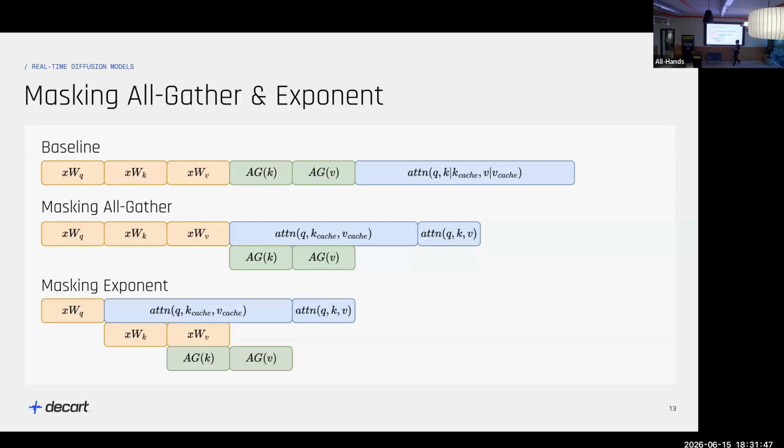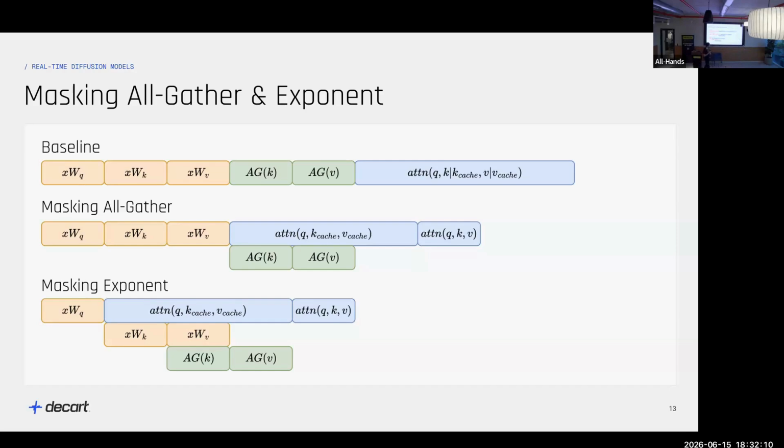Essentially, because you're exponent bound, you want to start triggering the exponents as soon as possible. So compute only Q. Once you have Q, start the attention between Q and the KV cache. That starts generating the exponents, and then try to overlap everything else on top of it. So you're overlapping the computation of K, computation of V, and both all gathers on top of that attention, which is exponent bound.